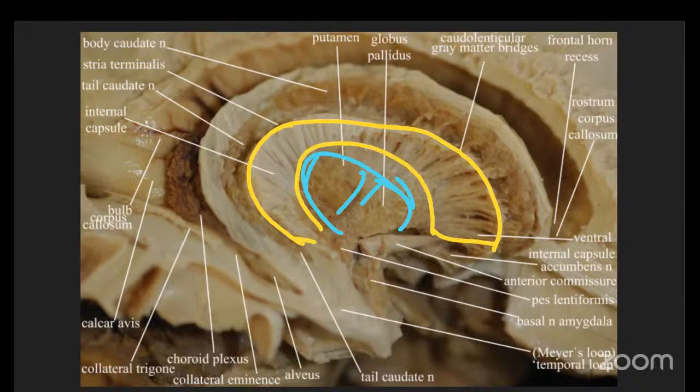And once we go slightly above, superiorly, we see the caudate. This is the body, and it goes anteriorly. We have the head here, and then we have the tail that goes down, and it comes down here, merges with the amygdala.